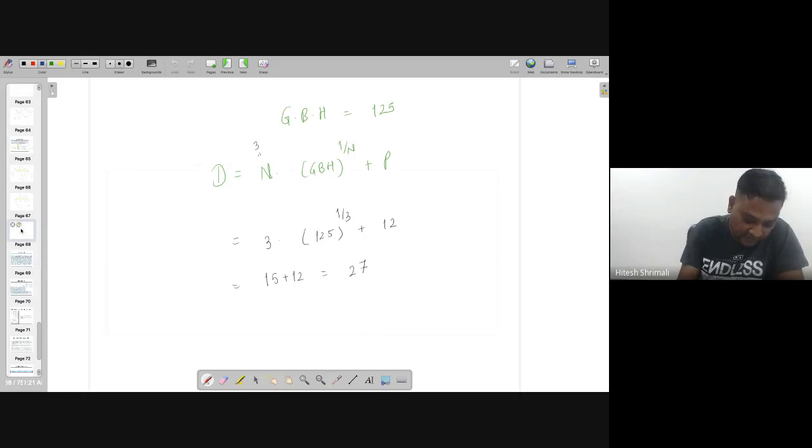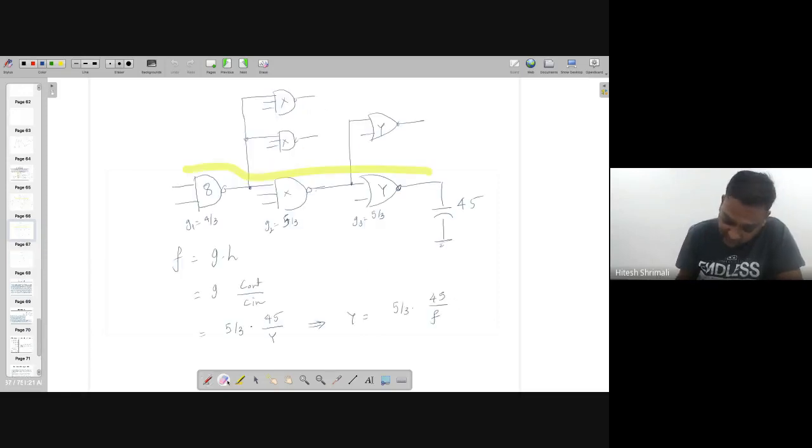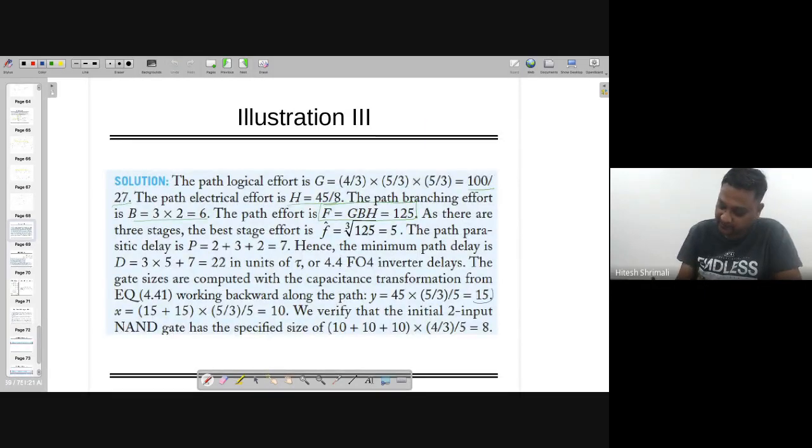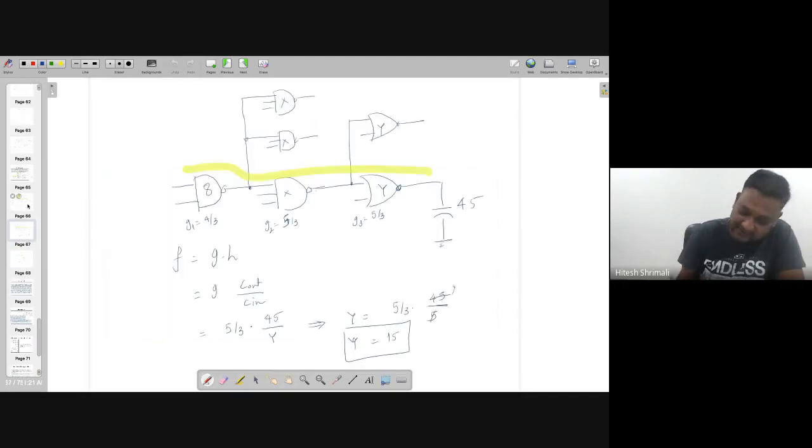So you can find out y is nothing but 45 by 3, so 15, right, as expected over here. So you can replace these y with 15 because we found out from here, right?